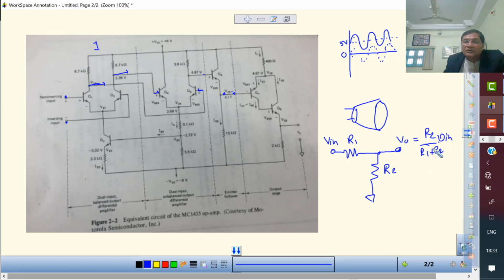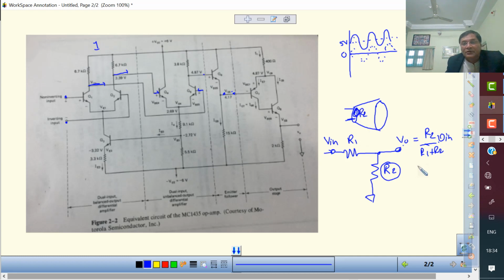Okay. So if this R2 is large enough, then whatever the value of R1, we don't have any problem. Whatever voltage we want to supply, you get at the speaker. But suppose this R2 is not very large. We don't know what is the resistance here.